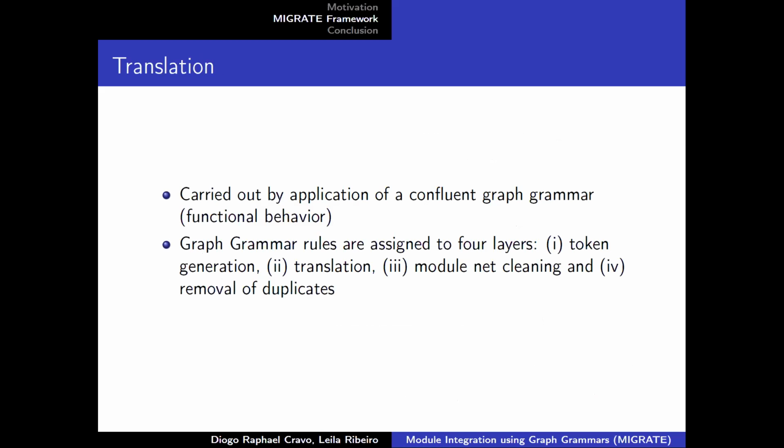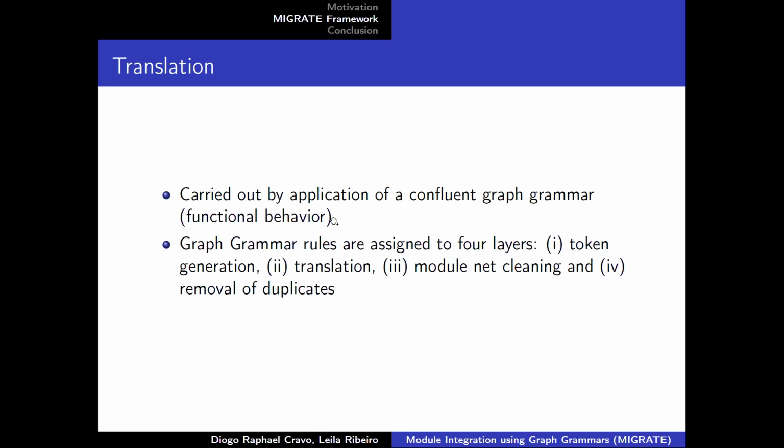But the translation itself is also carried out by another graph grammar, which we call the translation grammar. And this grammar, we've proven, has a very specific property, which is that it has functional behavior. What it means is that if we provide it the same input, it's always going to give us the same output. So it's deterministic.